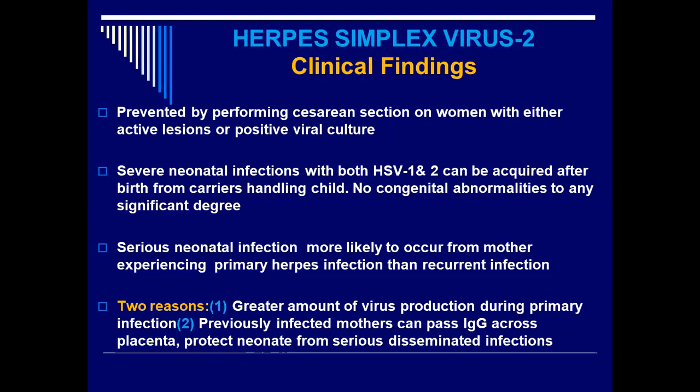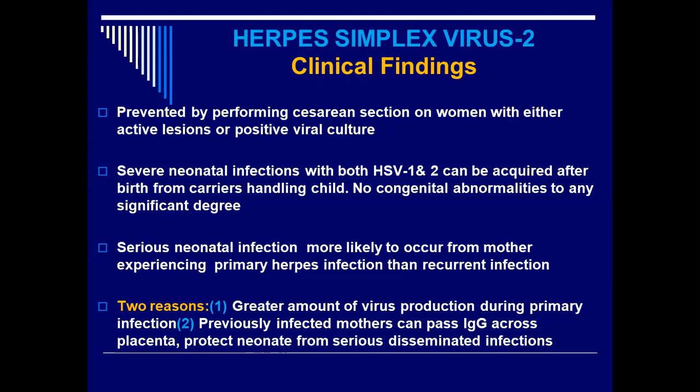The severe neonatal infections most likely occur from a mother who is experiencing the primary herpes infection rather than the recurrent infection. So if you are a first-time recipient of herpes infection, and you are female and you are going to deliver a baby, there is every possibility that the baby can have neonatal infection. But if you are exposed to the recurrent infection, the chances are rare that the fetus would get the infection.